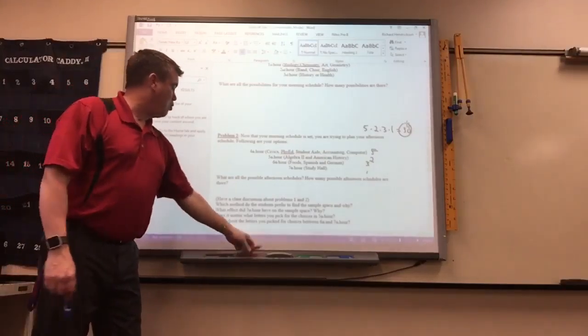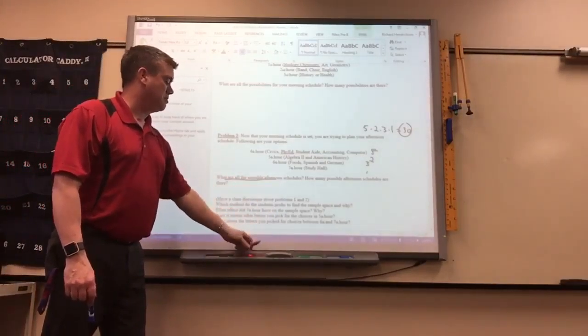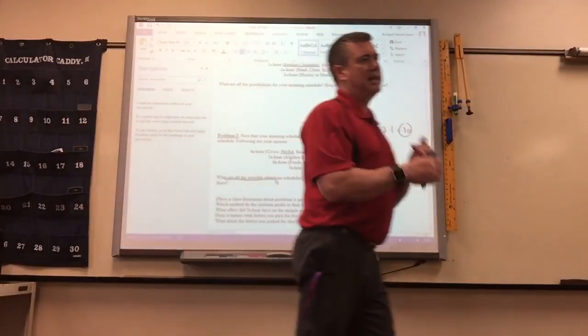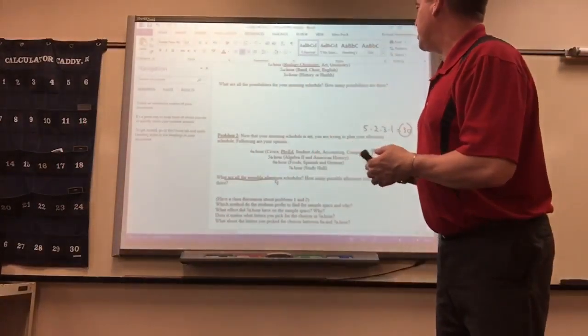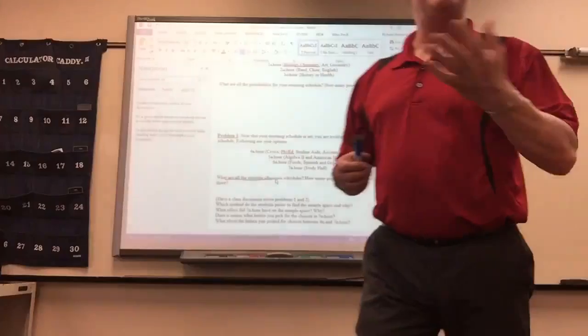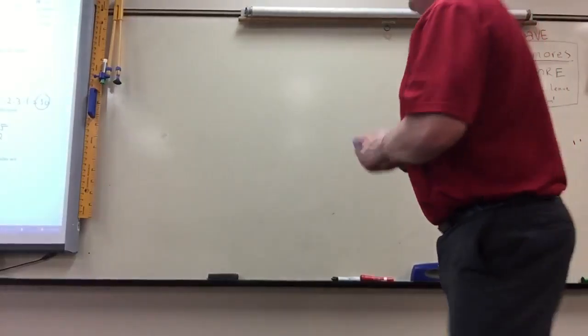But if they ask you what the possible schedules are, you can either make a list, or make a table, which is just an organized list, or a tree, which is the easiest.